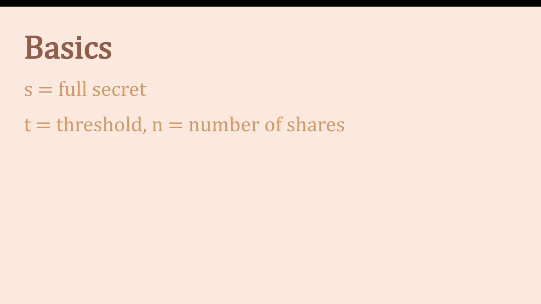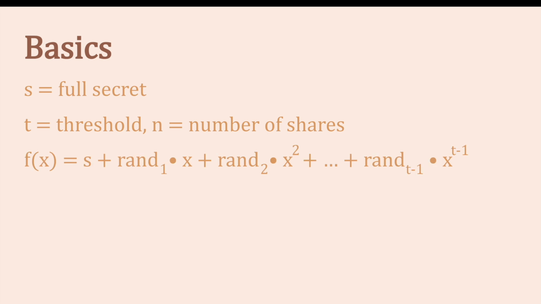So the basics, if you're familiar with Frost, you've got this S. This is a scalar, the full secret. T is the number of shares you need to hit, and N the number of total shares. You run the polynomial with the constant term being S, and the degree being T minus 1.